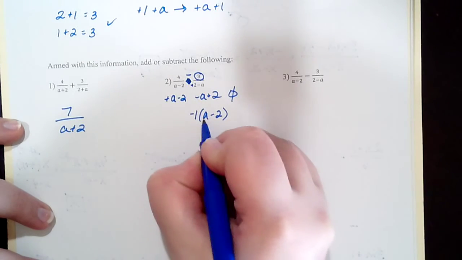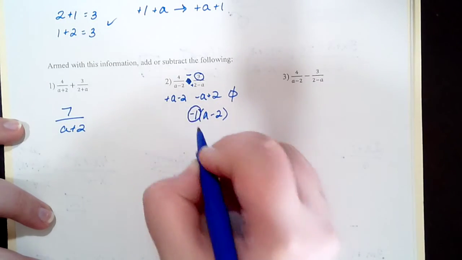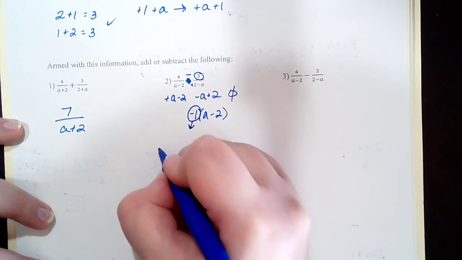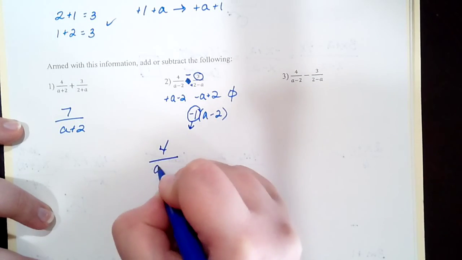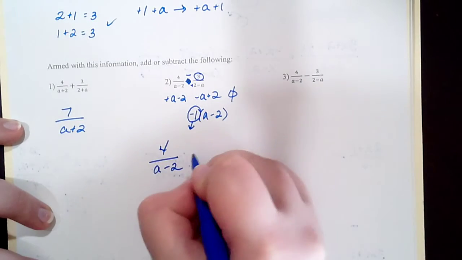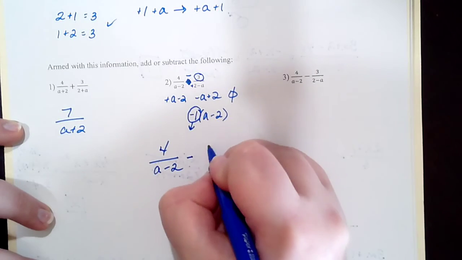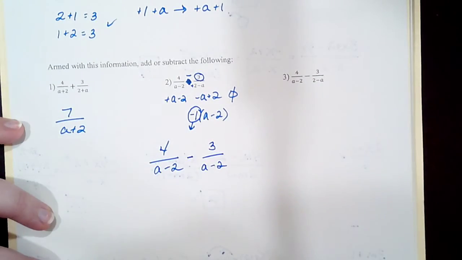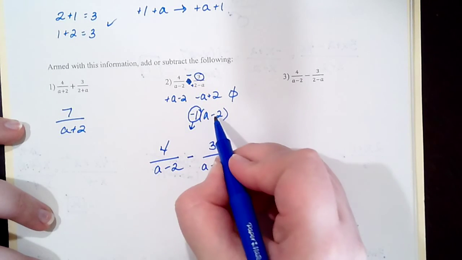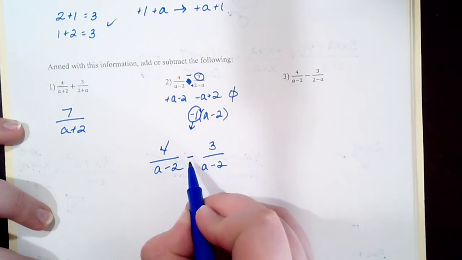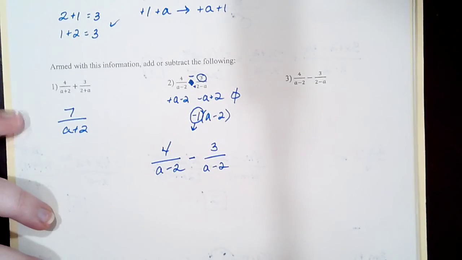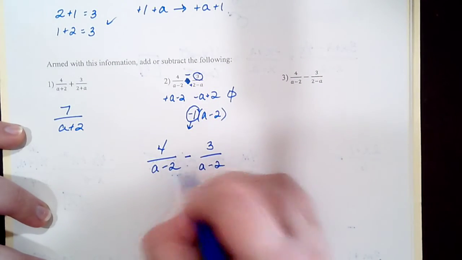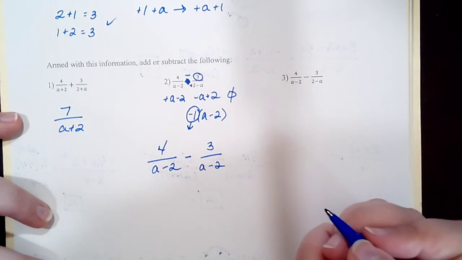Let's rewrite that. By factoring out this negative 1, what I turned the problem into was 4 over a minus 2 minus 3 over a minus 2. Essentially, I took that negative where it was causing a problem and I put it somewhere that it wasn't. That's all I did. Now that I have the same denominator, I can simplify.